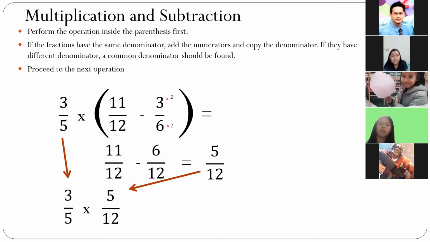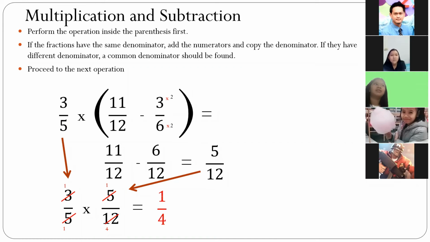Okay, which one? What numbers should we cancel? 5 and 5, and 3 and 12. Okay, so we have 1 and 4 and 1 and 1. So let's multiply. The answer is 1 over 4.